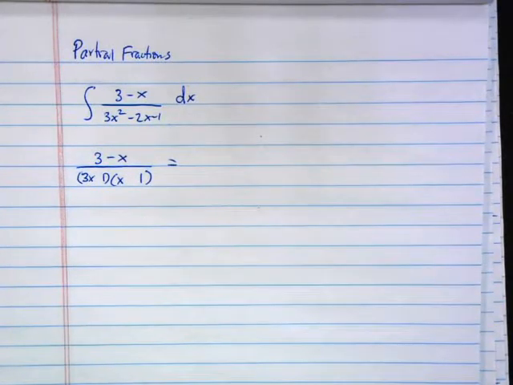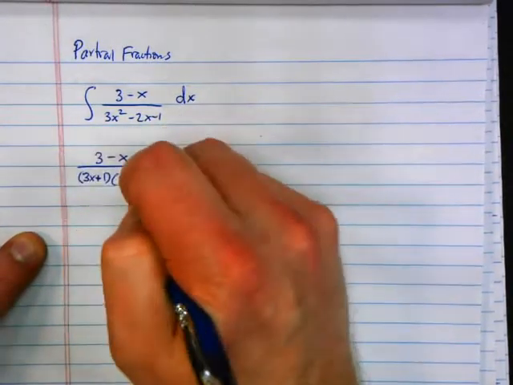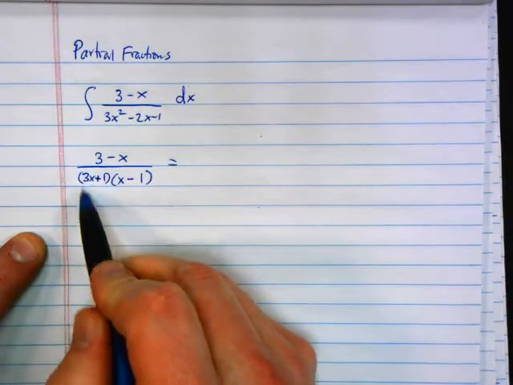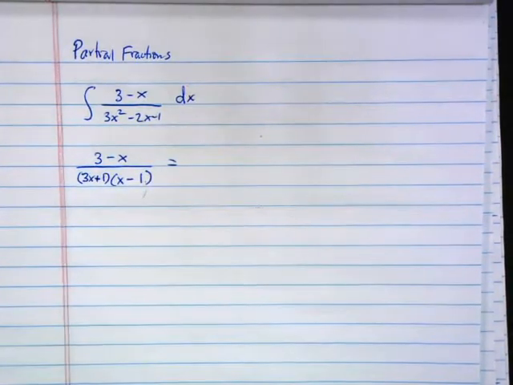Can we make our signs work out to get the right answer? 3x plus 1 and x minus 1, because that would give us a negative 3x and a positive 1x. That would give the negative 2x in the middle. So that works out, and we were able to factor our bottom.